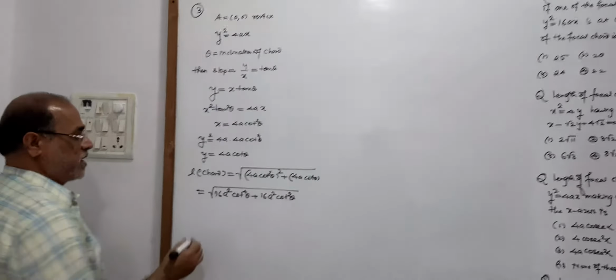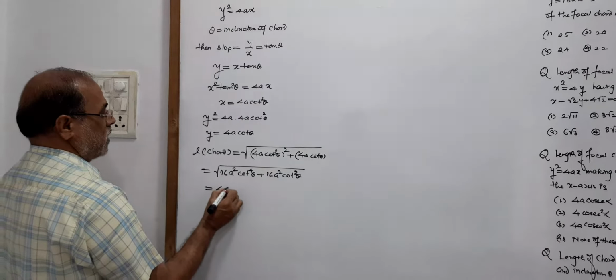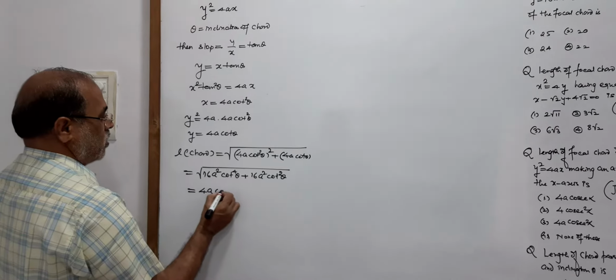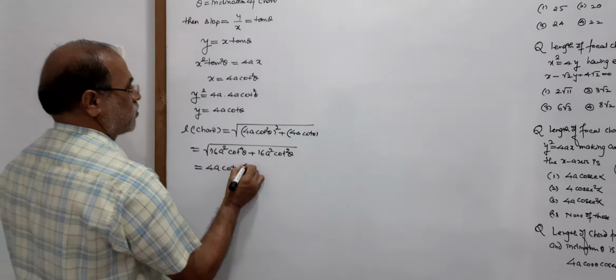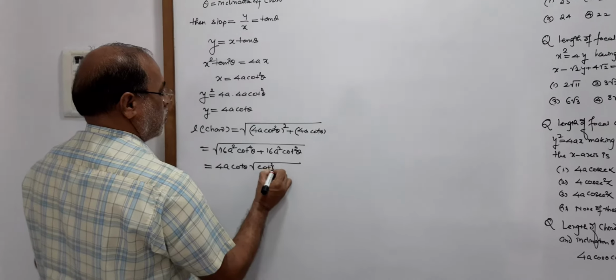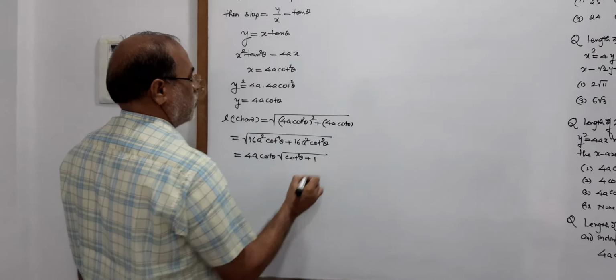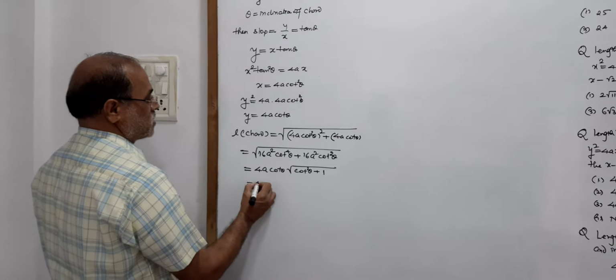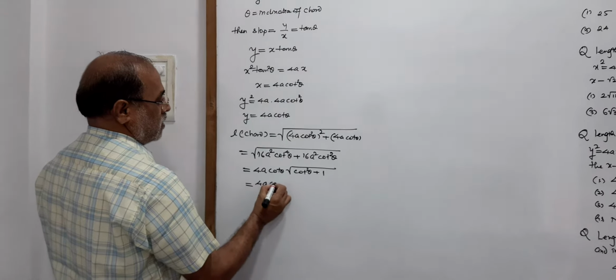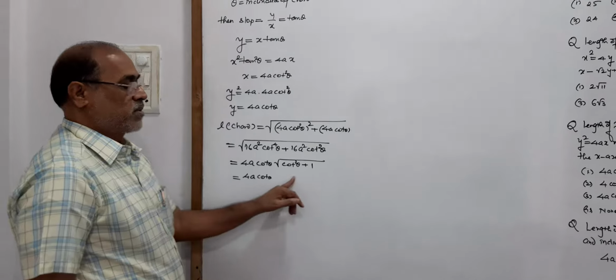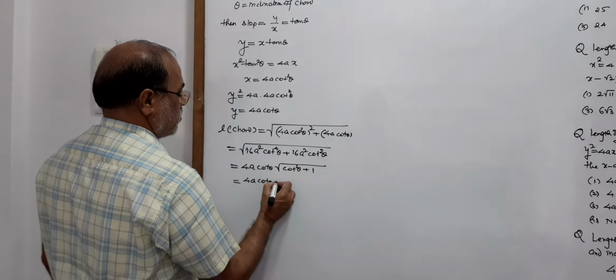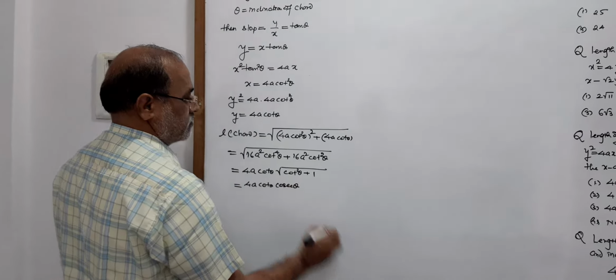If I take 16a square cot square theta common, that is 4a cot theta into square root of cot square theta plus 1. But cot square theta plus 1 is cosec square theta, and its square root is cosec theta.